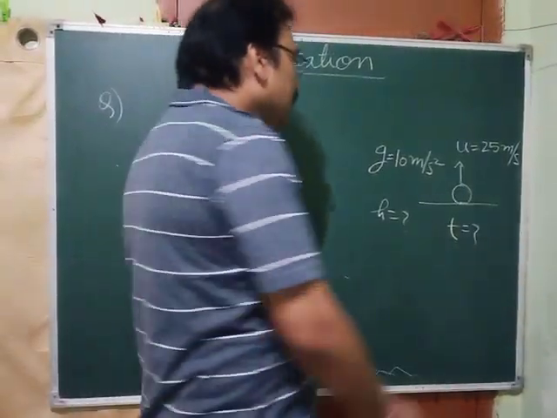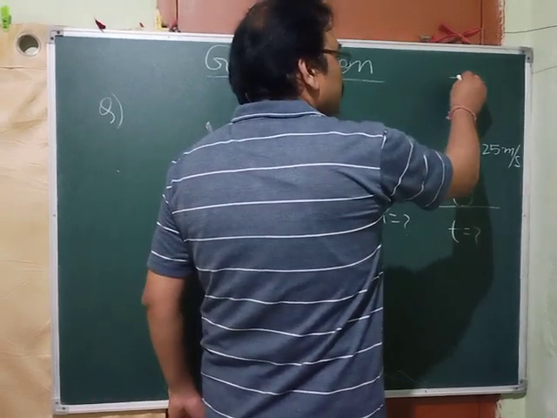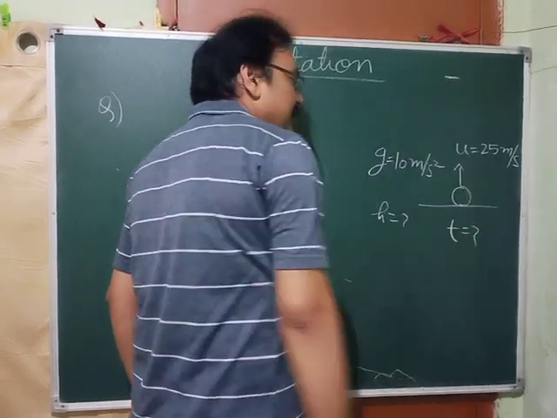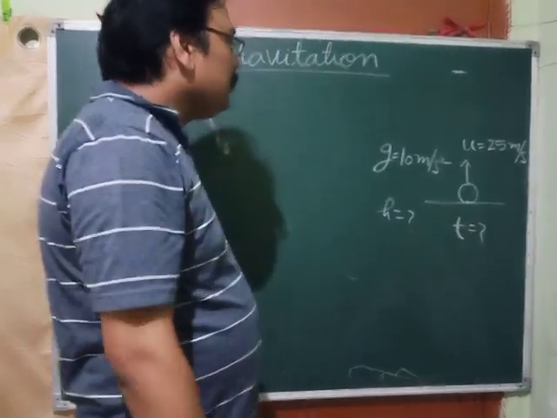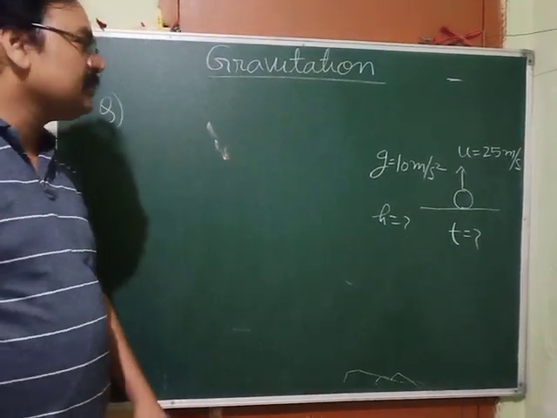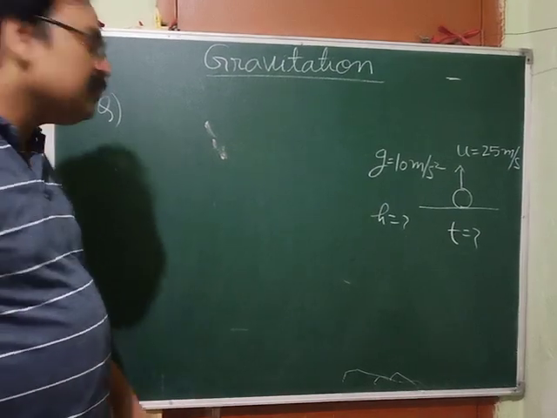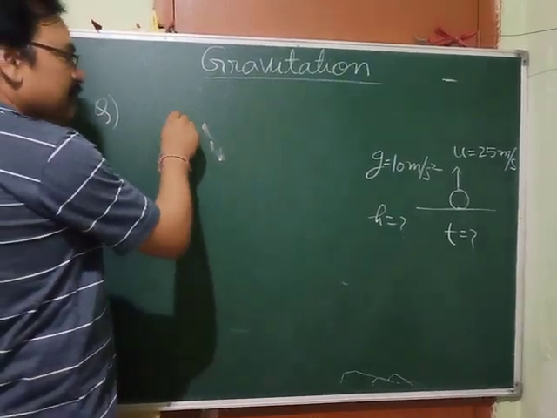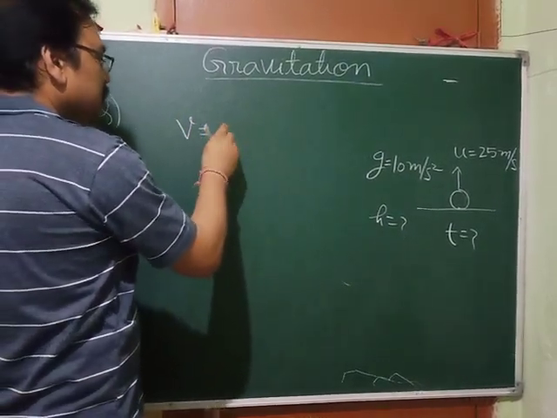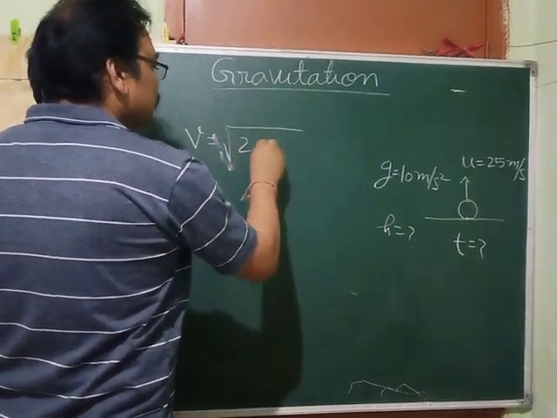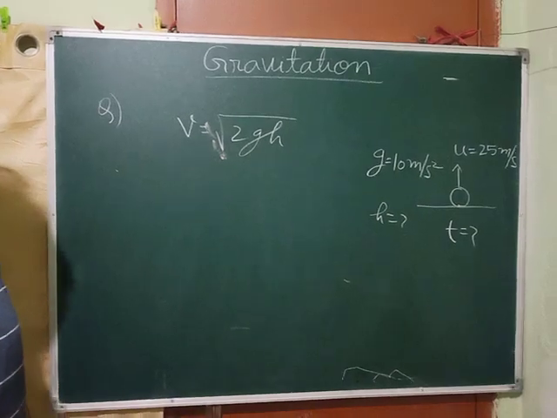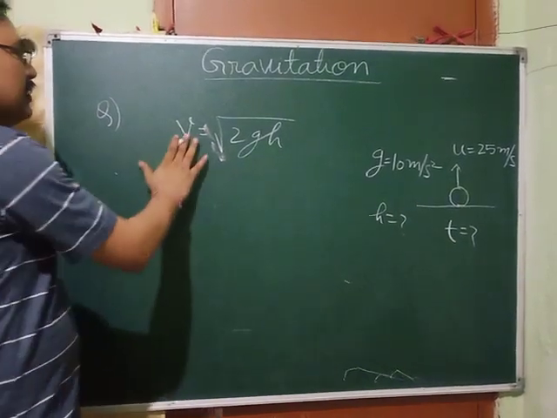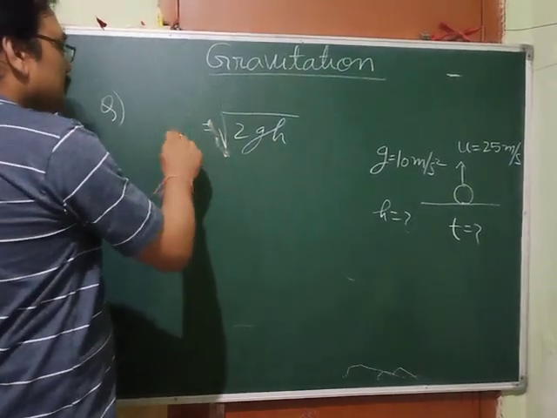Now suppose it is thrown and it reaches up to this side; this height we have to find out. We can find it in different ways, but it's better to utilize the formula which I have given earlier: V is equal to root 2gh. Here, instead of V you can write U, because we are applying this.